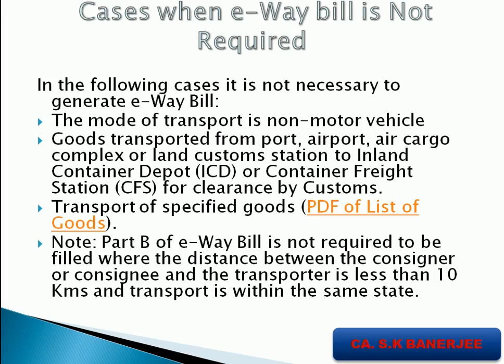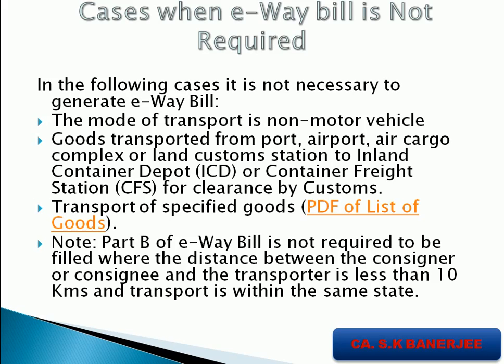So if you are moving the goods from any port, airport or air cargo complex or land custom station to the nearest inland container depot or container freight station for purposes of custom clearance, you do not have to issue e-way bills.